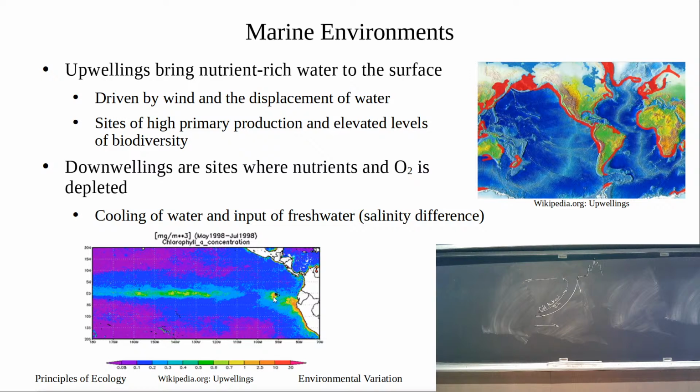This is the Galapagos. You've got these nutrient-rich waters driving high amounts of primary production, which then can support more herbivores, which then can support more predators. You just have this big boom in biodiversity at those sites.